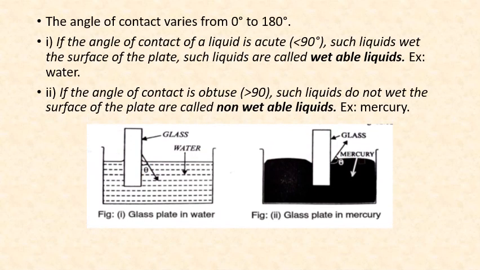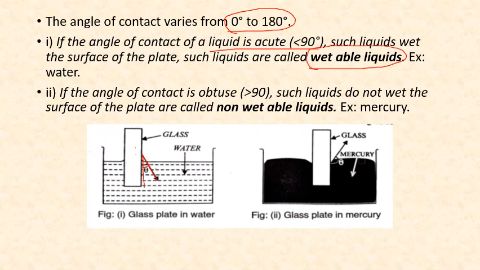We know that the angle of contact varies from 0 degrees up to a maximum of 180 degrees. If the angle of contact of a liquid is acute, that is less than 90 degrees, for example water and glass, as you can see here, then these types of liquids are called wettable liquids.